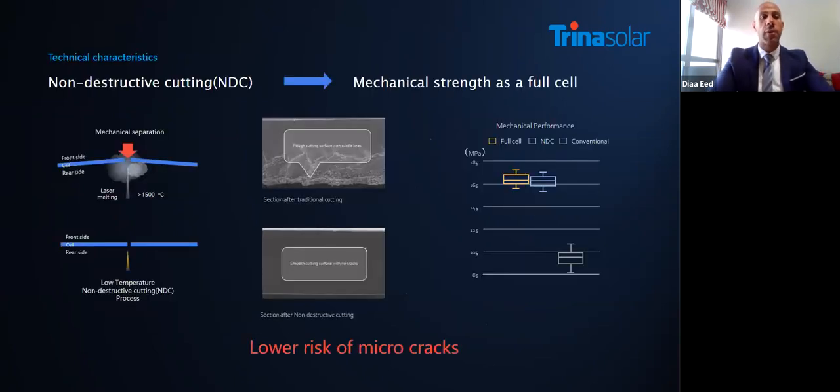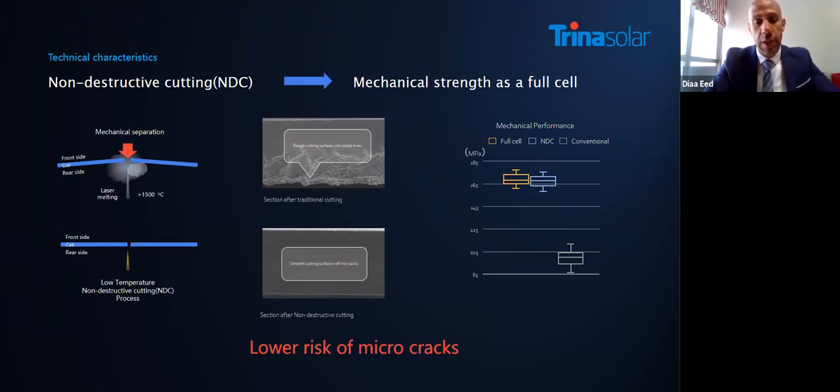Speaking about non-destructive cutting, the normal way of cutting the cells is laser melting, at more than 1,500 degrees Celsius. As you know, when you apply high temperature to silicon, the possibility of shattering or getting a cracked cell is very high because of the thermal effects and the impact of the laser cut.